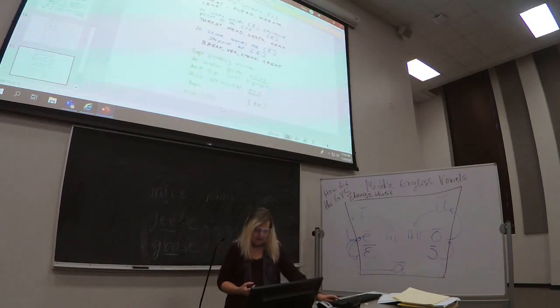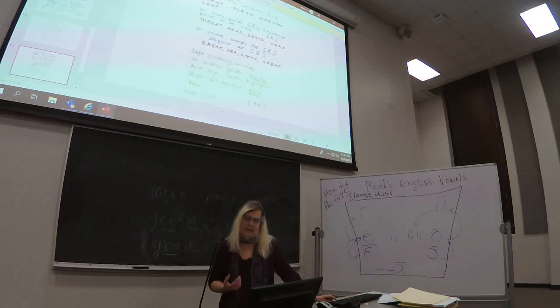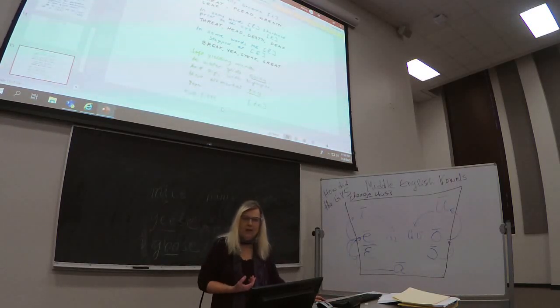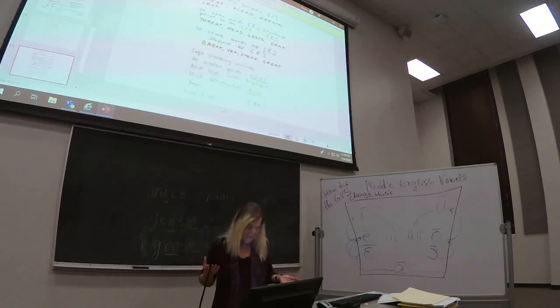So, okay, I will probably post this, but we covered the great vowel shift, and the great vowel shift also has led to a devastation in reading poetry that is supposed to rhyme, because now you have these changed vowels.